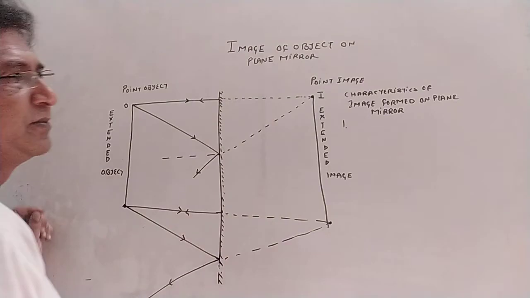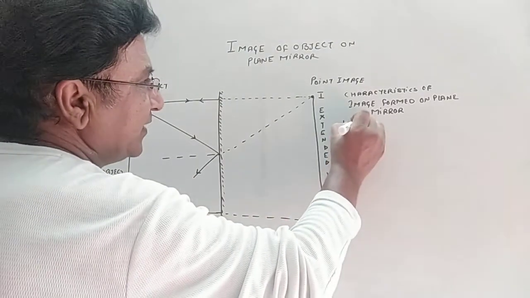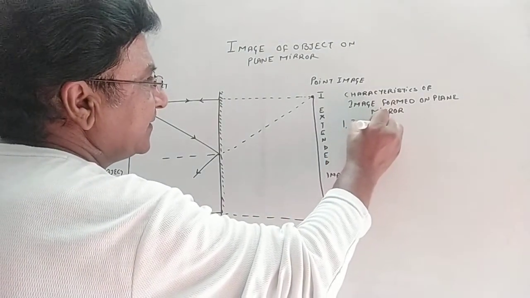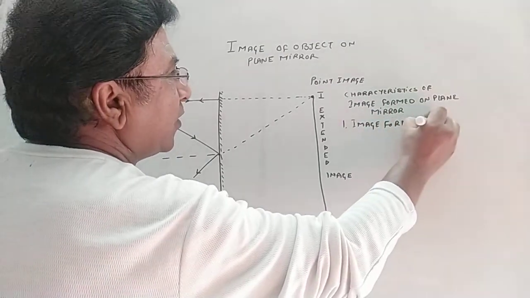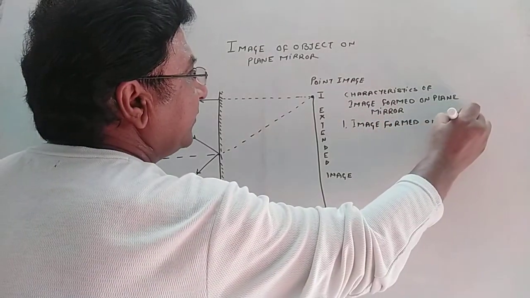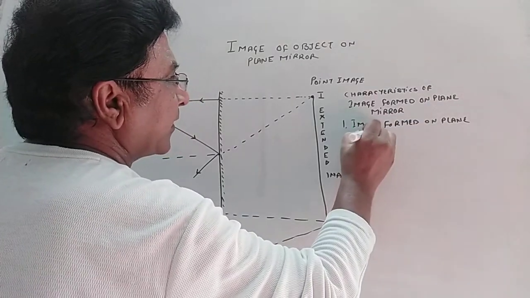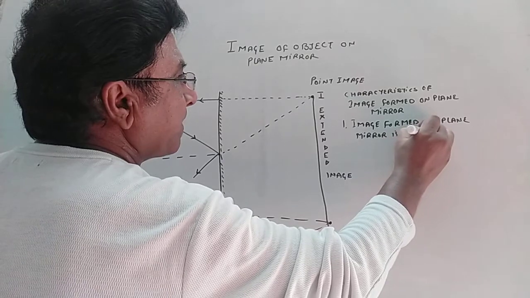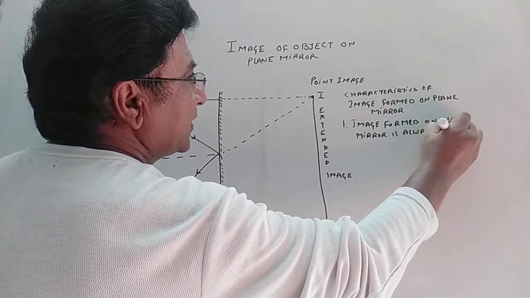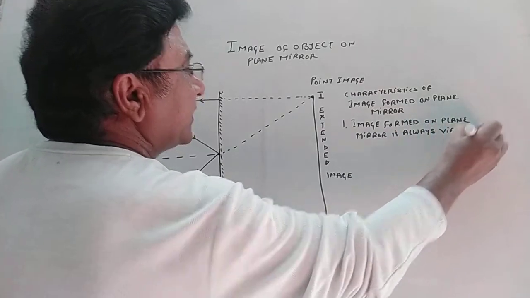A plane mirror always forms a virtual image. So the image formed on a plane mirror is always virtual. Remember that.